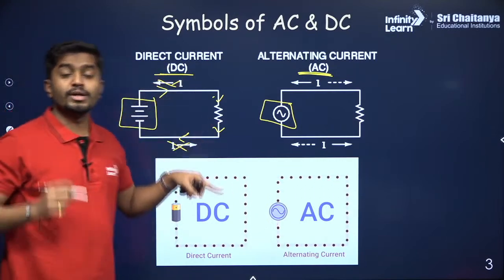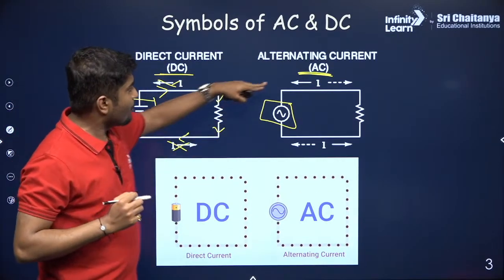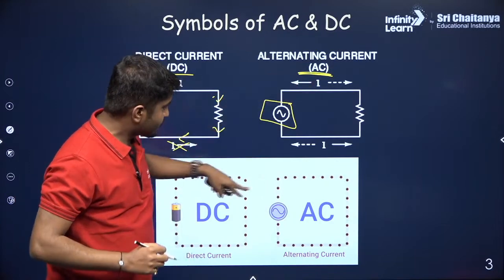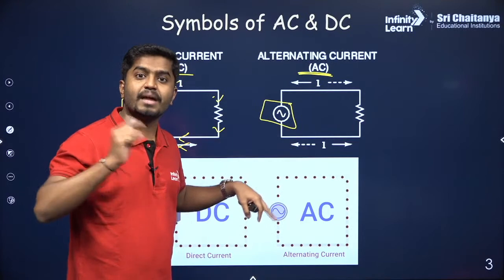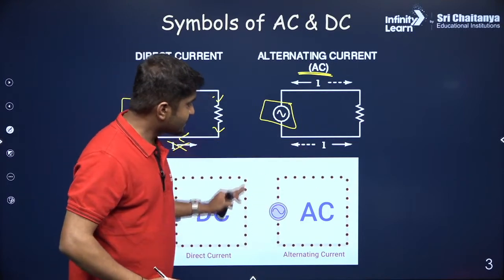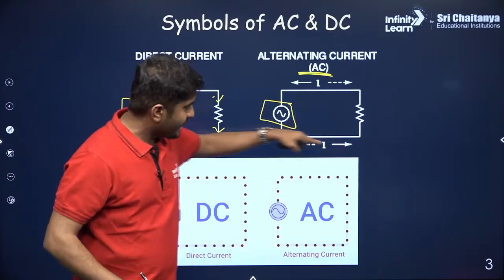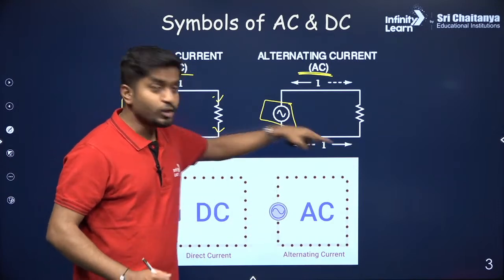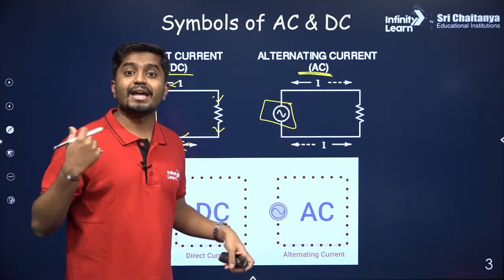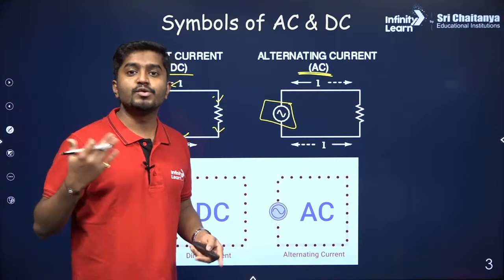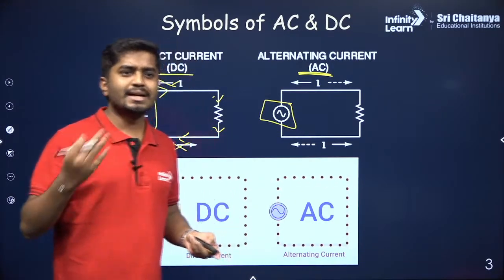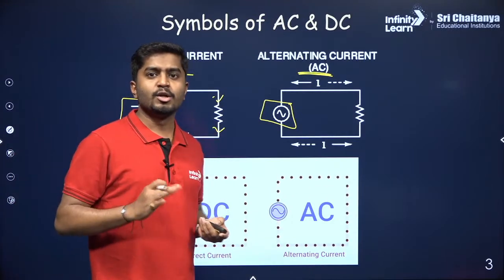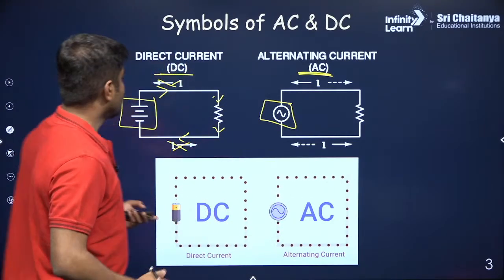There is a unidirectional flow. But how about this AC? You see the current, these are the electrons. They vibrate or oscillate. Once they go clockwise, again they come anti-clockwise, clockwise, anti-clockwise. So they are oscillating, and they produce waves. These are called electromagnetic waves. We'll study a little bit about it, not too much in detail.